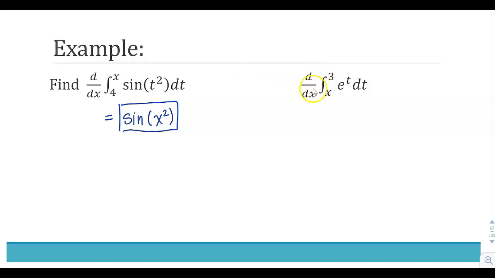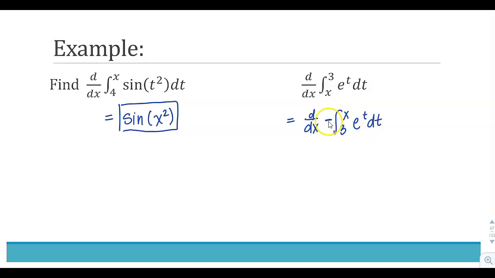On this example, we have the derivative with respect to x of the integral from x to 3 of e to the t dt. Our problem here is that we do need the variable to be in the upper limit of integration, and if we switch, then we have to go ahead and pull out a negative. So we're going to have the derivative with respect to x of negative the integral from 3 to x of e to the t dt.